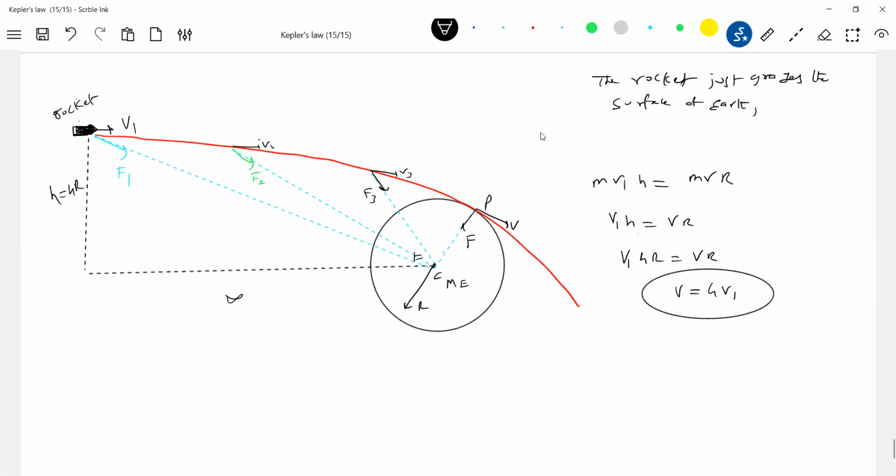If they just project it, the gravity of the earth, you can see v. What is v? 4 v1. It will come and strike the earth with more speed. In that particular rocket or missile, I'll load nuclear bombs. If they come with such a high speed, definitely the weapon will have more impact here.